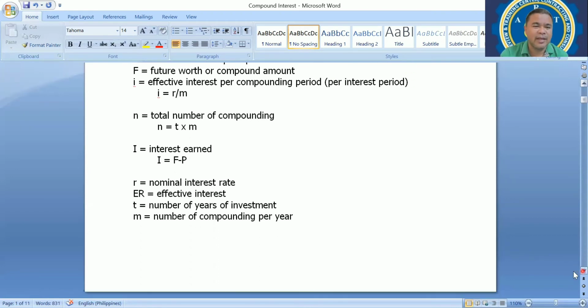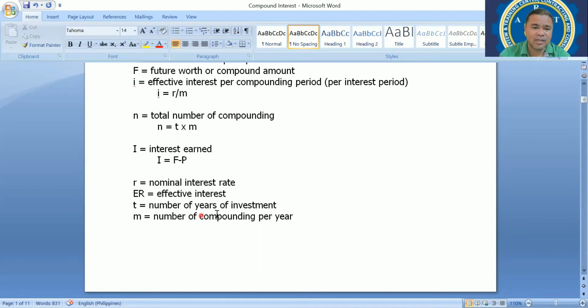R is the nominal interest rate, and ER equals the effective interest. So take note of R, ER and I, because in the board exam, the required could be the I, the R, or the ER. Problems like this will ask you to find the R, the nominal interest rate, or find the effective interest.